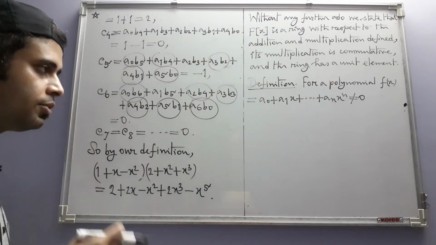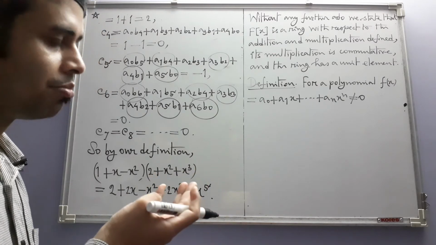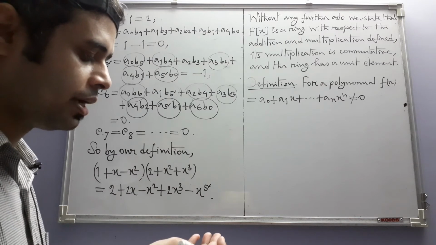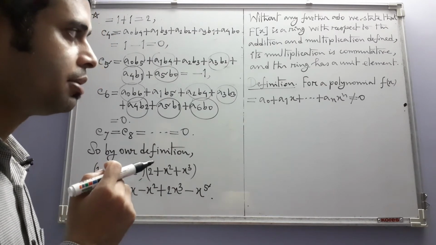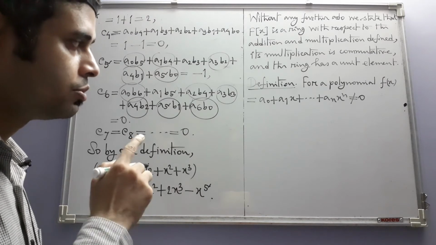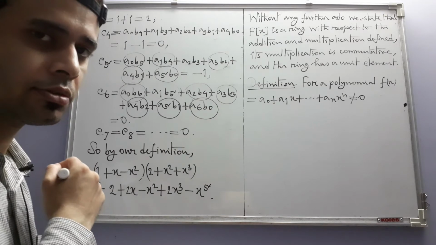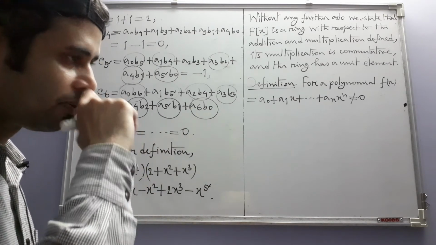Okay, then you have to prove multiplication is commutative, multiplication is associative. Okay, next there is a unit element. That unit element is the polynomial whose first coefficient is 1 and all the other coefficients are 0. Fine. What else?